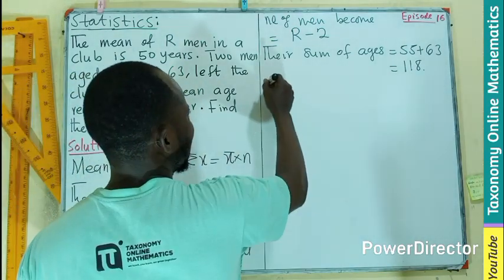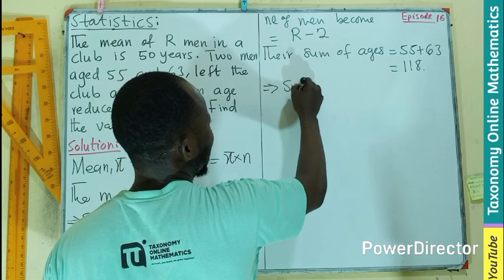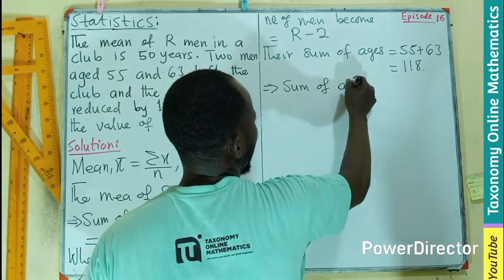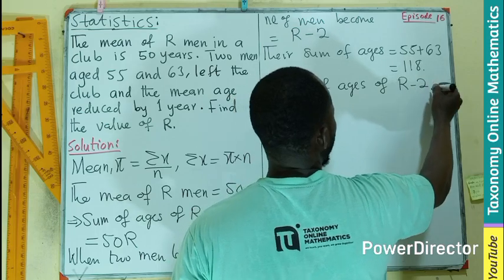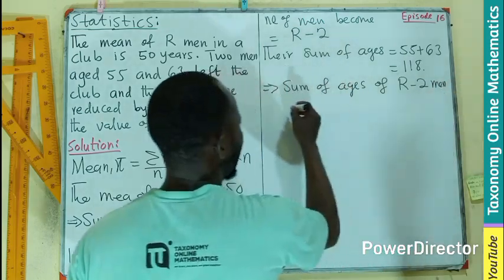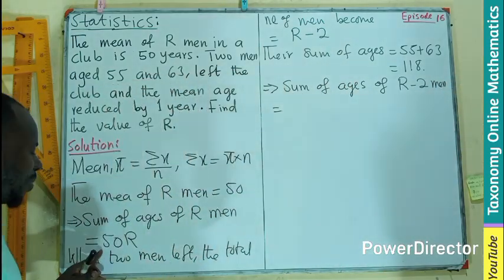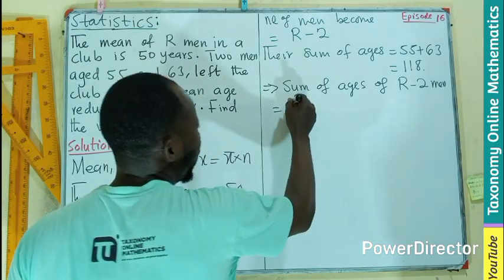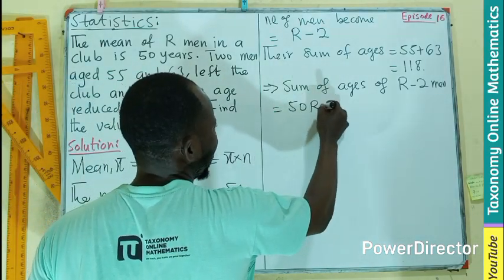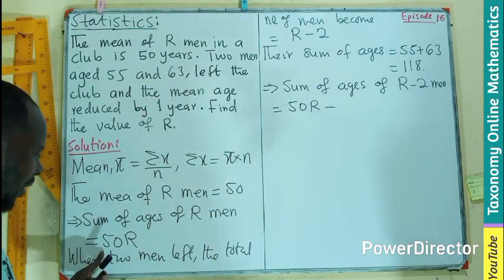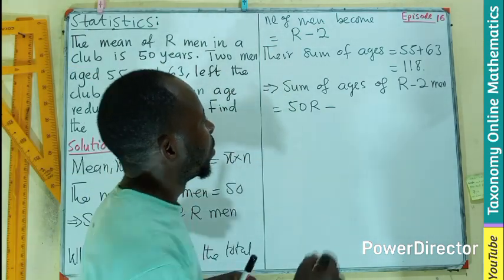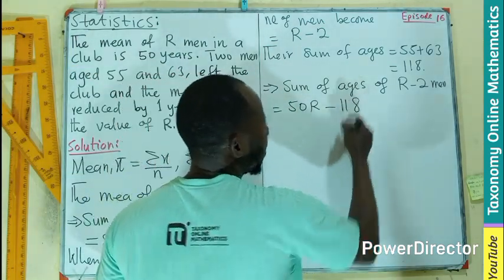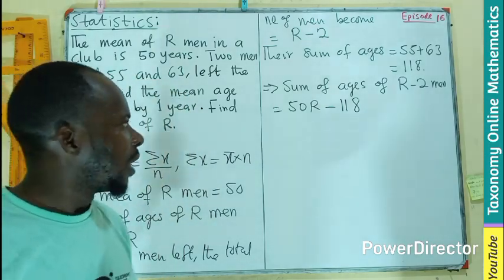So the sum of ages of R minus 2 men will be the ages that they were before, 50R, minus the ages of those who have left, which is 118.